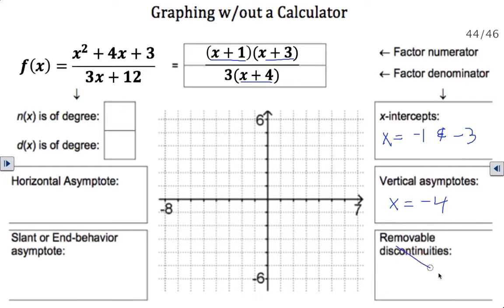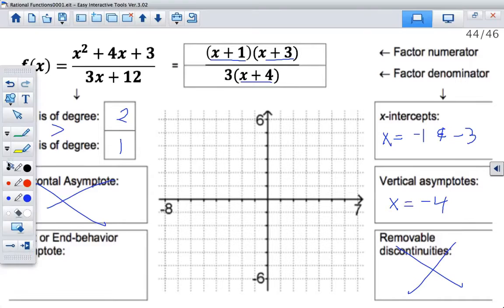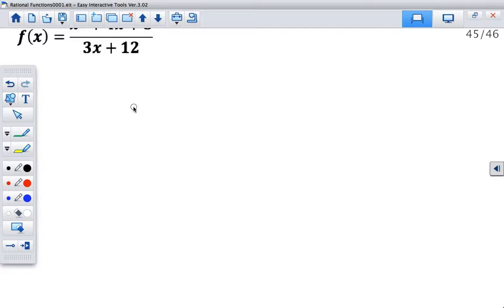We will not have any removable discontinuity since we do not have any of the same factors here. Our numerator's degree is 2, our denominator's degree is 1. Your numerator's degree is greater than the denominator's degree, so we will not have a horizontal asymptote. We will have a slant or end behavior asymptote. And again, to find that, you do either long division or synthetic division. So I need a new page to do that.